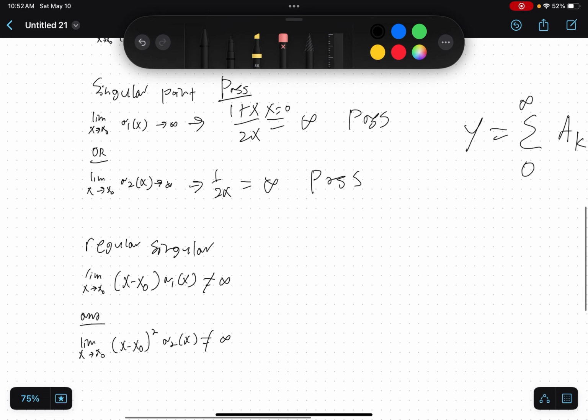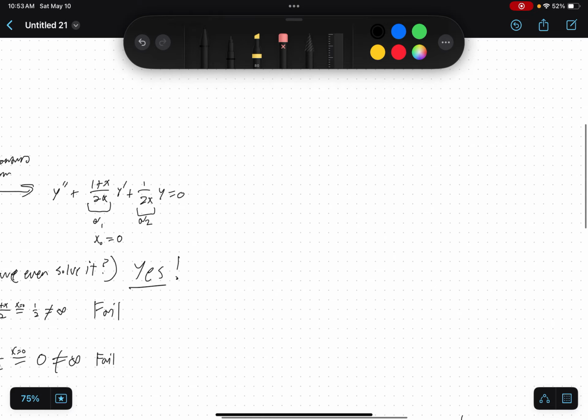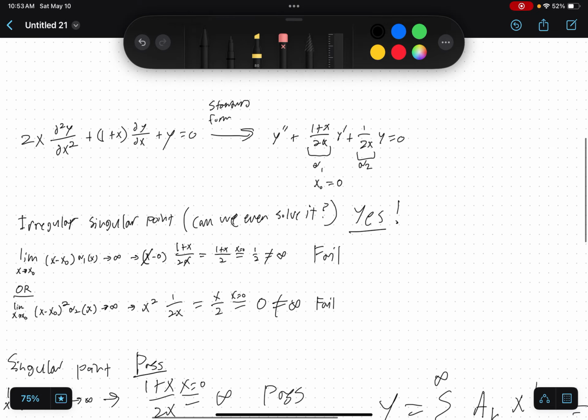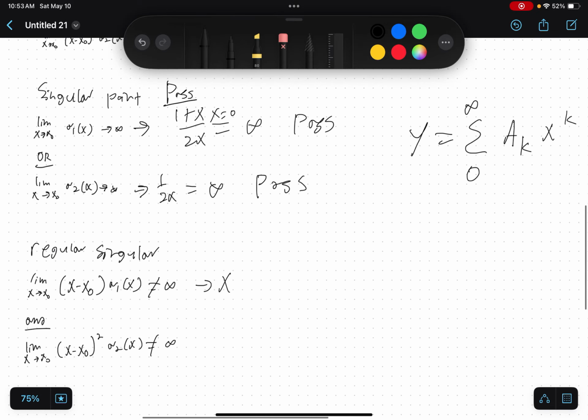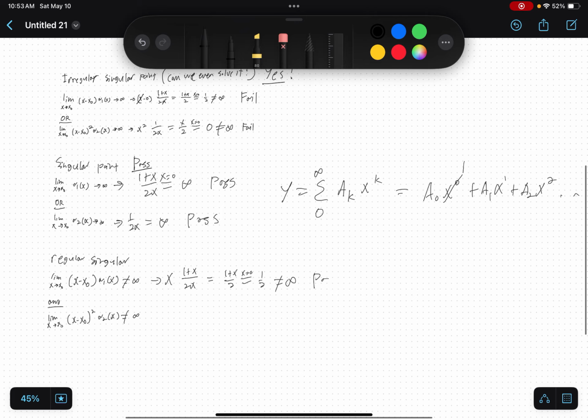Okay, so this first one, it'll be x minus 0, so I'm going to just call it x, times a1, 1 plus x over 2x. So this will equal 2, and we plug in 0, and we get 1/2, which doesn't equal infinity, which is a pass.